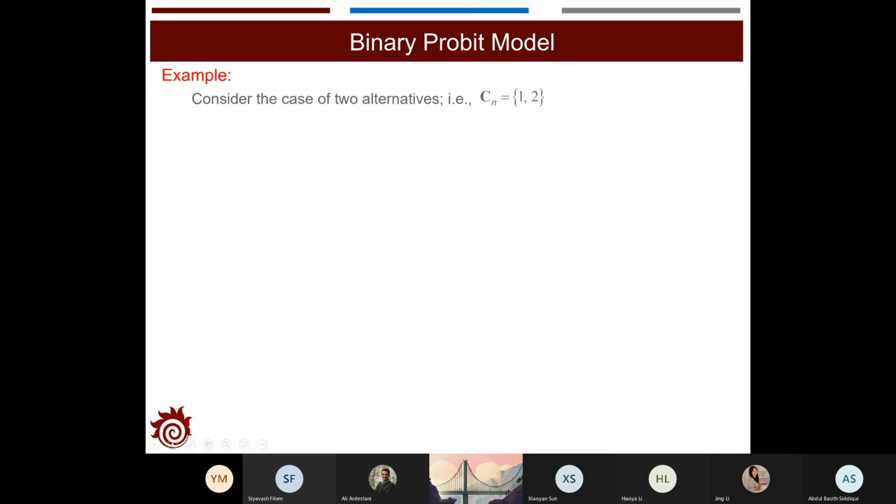Now let's check one specific example. Still, we have two alternatives and we know their utility functions. We get the deterministic utility as 6 and 7 for choices 1 and 2.